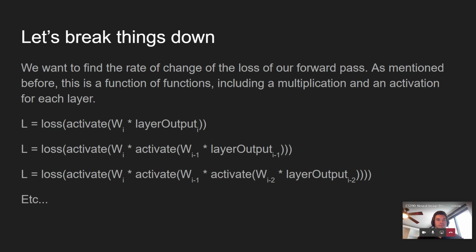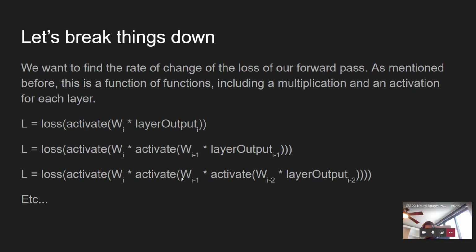Well, we can look at that again this way. So our loss that we're getting at the end here is going to be our loss function of our activation of our final output, which is in fact itself, we can take that layer output I. That is a function of an activation of a previous weight and a previous output, and it'll go all the way back through the network.